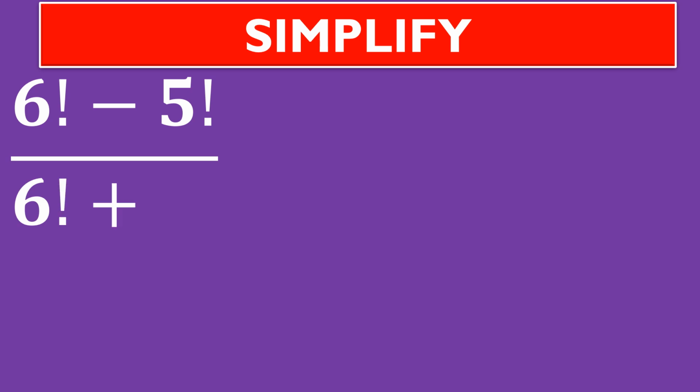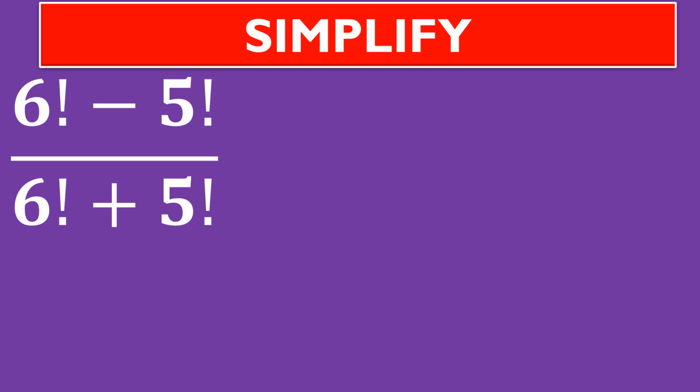Once again, we will look at the simplified version of this factorial expression, that is 6 factorial minus 5 factorial divided by 6 factorial plus 5 factorial. We can clearly recall that our 6 factorial is now to be expressed as 6 times 5 factorial.